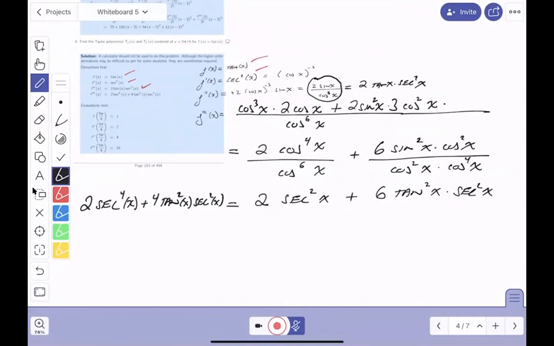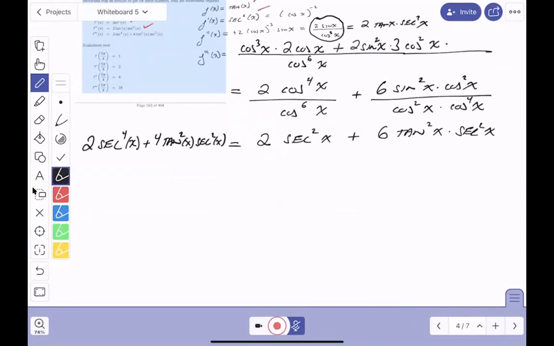Well, I know it seems really difficult, but I guess I'd have to do something with it, right? I see this and I see this, and that's clearly different. So I'd probably look at this side entirely and factor something out. What would you factor out? Probably 2 secant squared x.